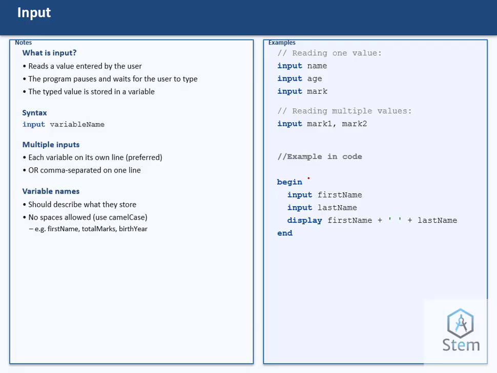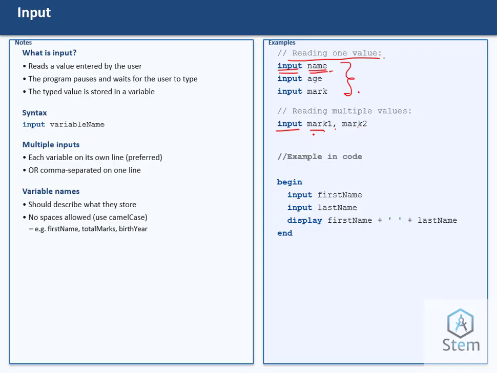Another example, when you are getting values from the user, you write input followed by the variable. These are 3 examples showing how to get one value. Sometimes you might want the user to input more than one value, so you say input, then you put the first variable, put a comma, the second variable.